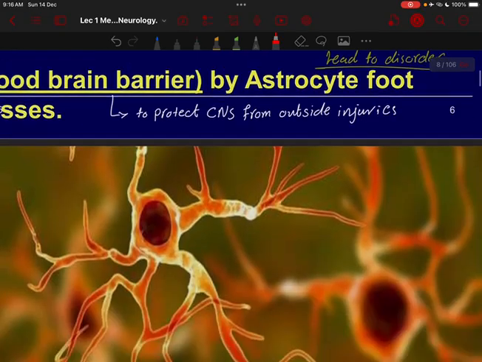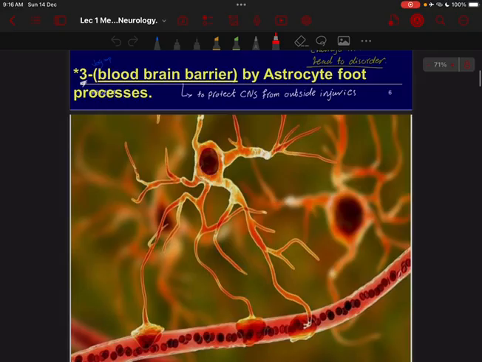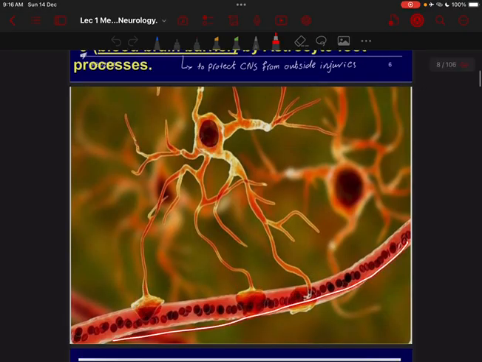Now, this is the body of the astrocyte, and these are the feet of the astrocyte. And this is the axon of the neuron, suspended by these feet of the astrocytes.